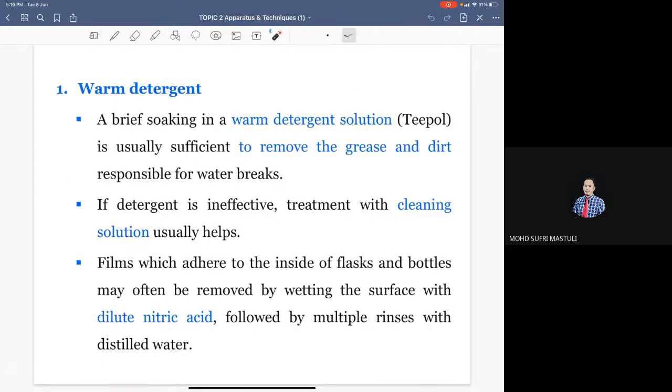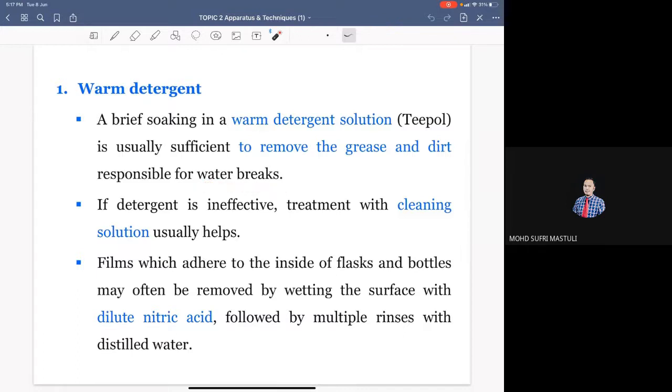When we want to use warm detergent, normally soaking it in warm detergent solution is sufficient to remove the grease or the dirt that are responsible for water breaking.